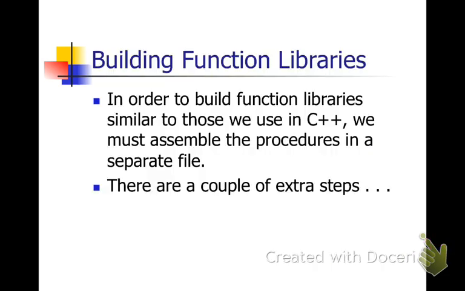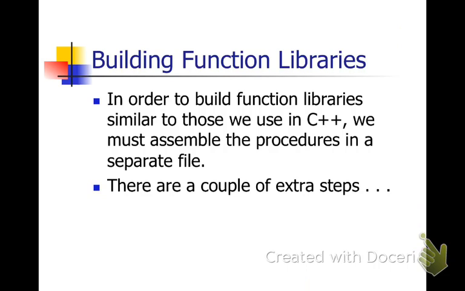But in order to make our code as reusable as possible, we'd like to build function libraries similar to those that we've used in C++. So we have to assemble the function definitions in a separate file if we want to do that. And if we do that, there are a couple of extra steps. Not a big deal. But we've got to assemble the procedures so that their names are visible outside of the file containing them.